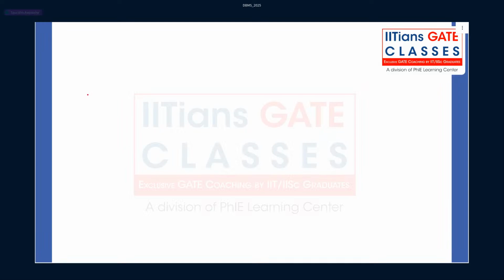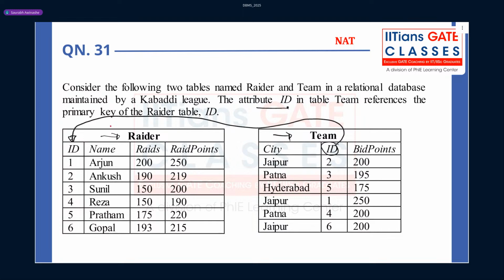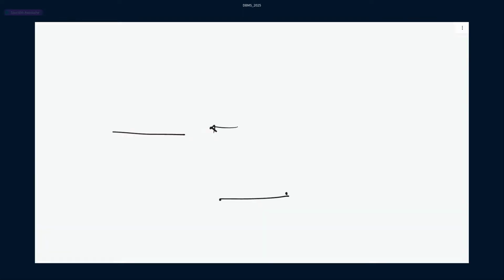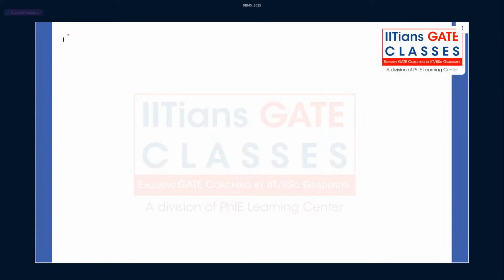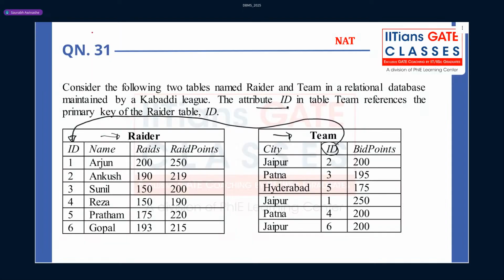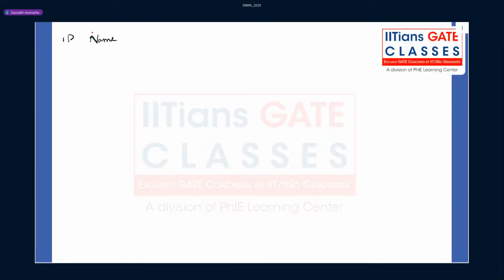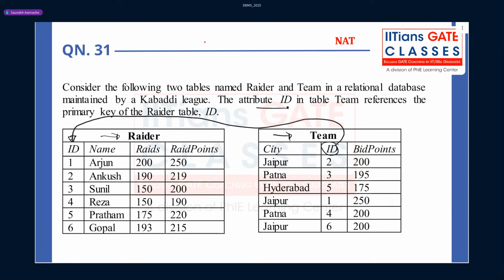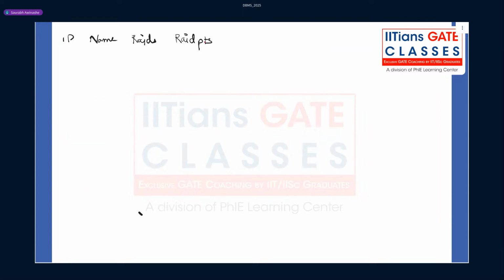We'll have something like this: ID, name, raids and rate points, and we have city, ID and bid points.